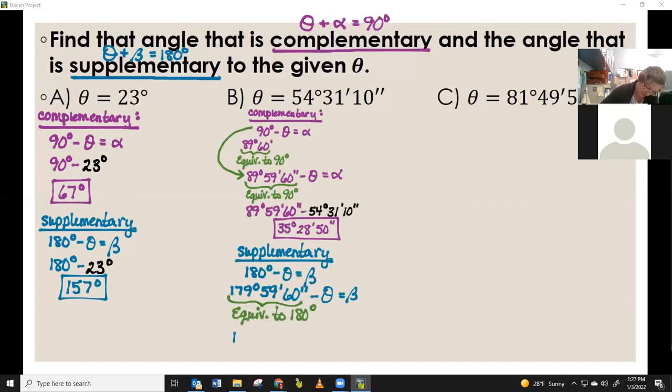All right, so let's do that. I'm going to do 179 degrees, 59 minutes, 60 seconds, and subtract our angle theta, 54 degrees, 31 minutes, 10 seconds. What would my supplementary angle be?